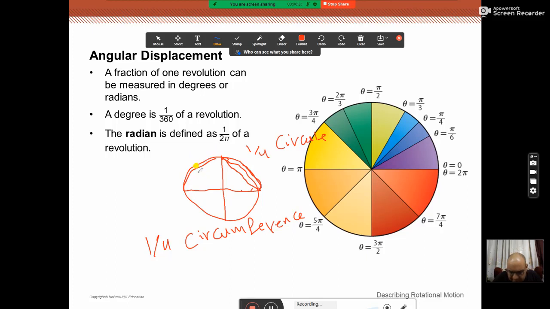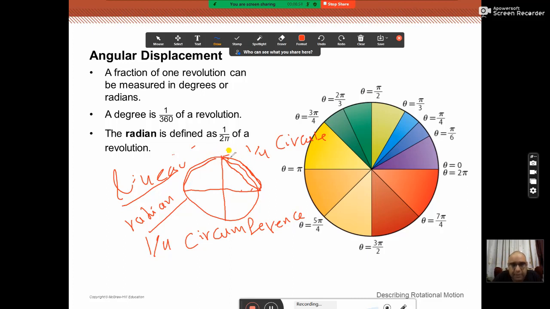One of them is by using linear measurement, and the other is by using radian measurement. Linear measurement uses meters and centimeters, while radian measurement uses angles.